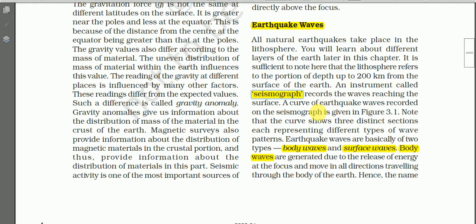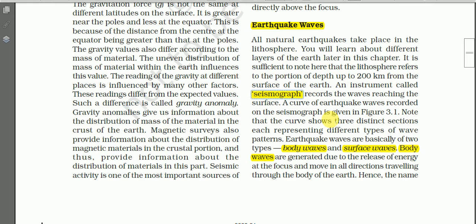By analyzing these earthquake waves, we can infer what is there in the earth interior, what is the nature of the earth interior. Now let us start. Before analyzing the earth interior, we have to learn the different types of earthquake waves.